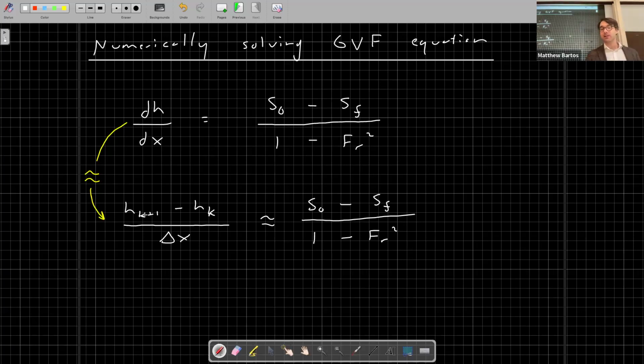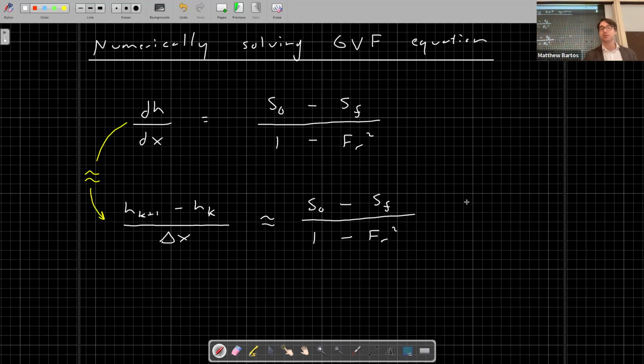So what we can do is rearrange this equation to give us the next depth at the next increment given the depth at the current increment.